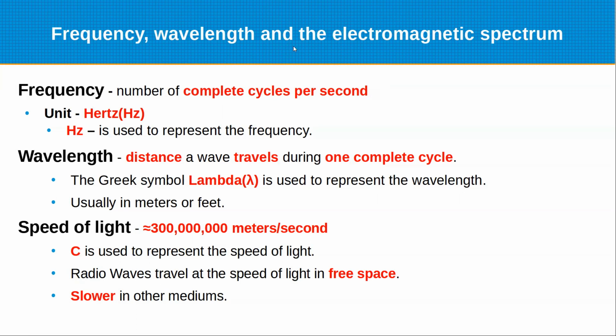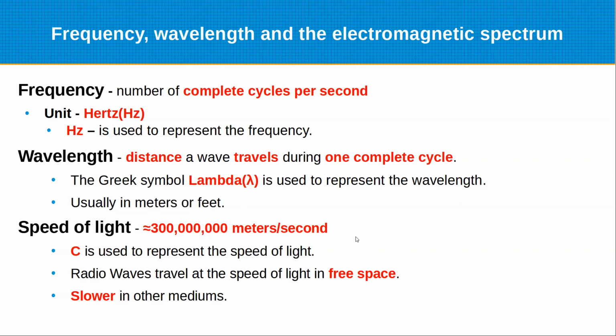And the speed of light is 299,000, and so on, or approximately 300 million meters per second, which is what we use, close enough. And if we deal with frequency in megahertz, then we can cancel out the million and make it 300 versus whatever the frequency is in megahertz.